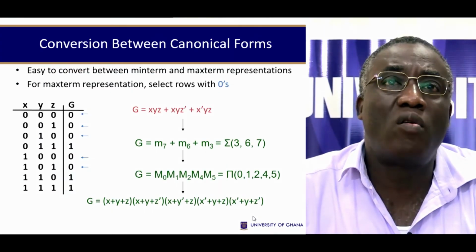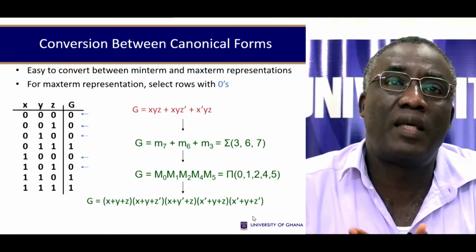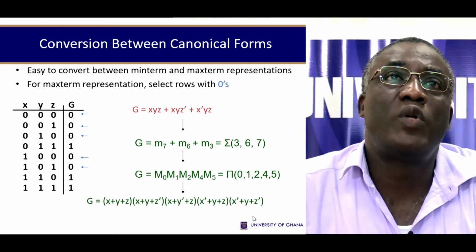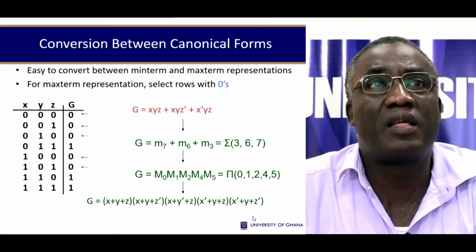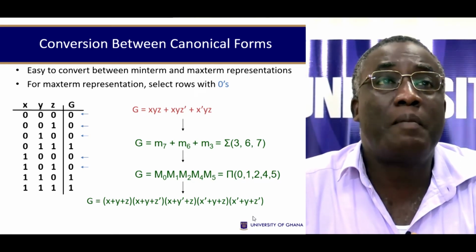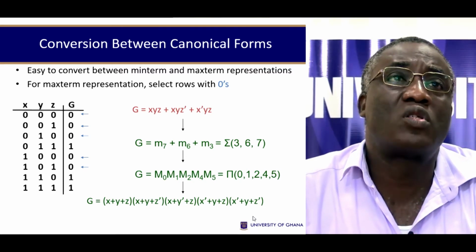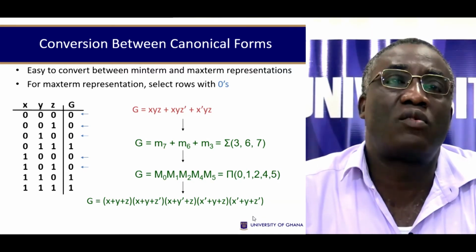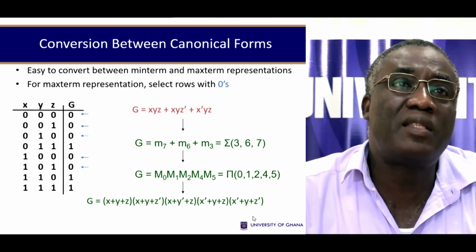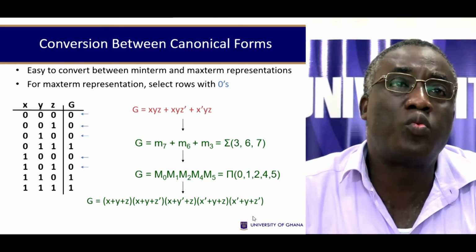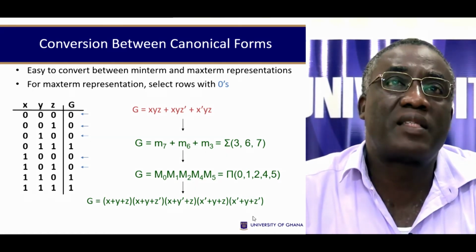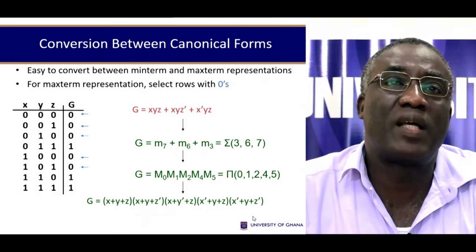Now, we can do a conversion between the various forms. We can convert between min term and max term representations. Now, in the max term, you focus on where the outputs are zeros. So in the min term, we focus on where the output is 1, but in the max term, we focus on where the outputs are zeros.